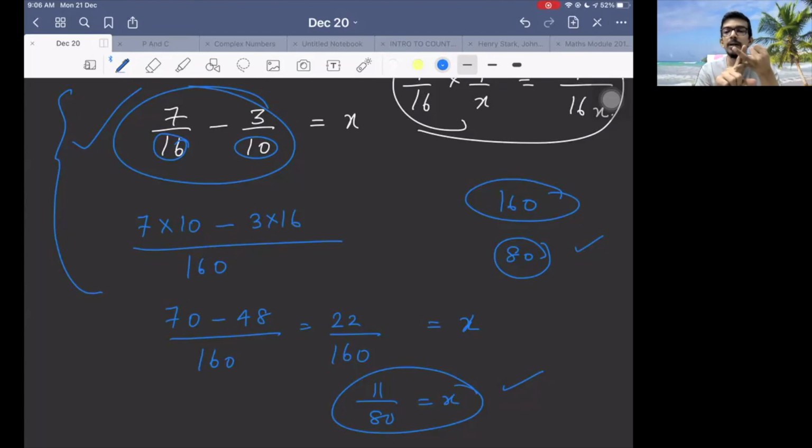Two, get a sense of time, like how much time you're taking on average for each question. Even if it's a calculator question, I would have mentioned that it's a CA question. But even if it's a calculator question, do not use a calculator. Try to do it with pen and paper or mental math.